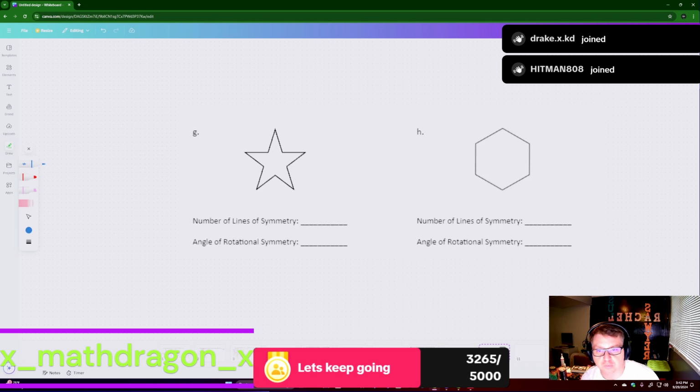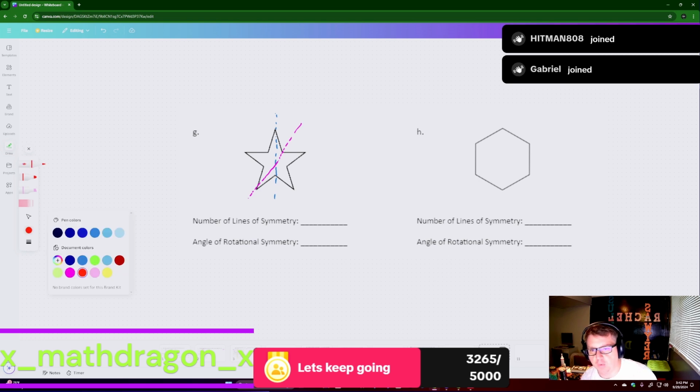Okay, final two. Let's look at this. So a star, we can fold down each of the pieces of a star. And then we can fold through each of those points of the star to get half and half. And we can go this way. And then we could go this way.